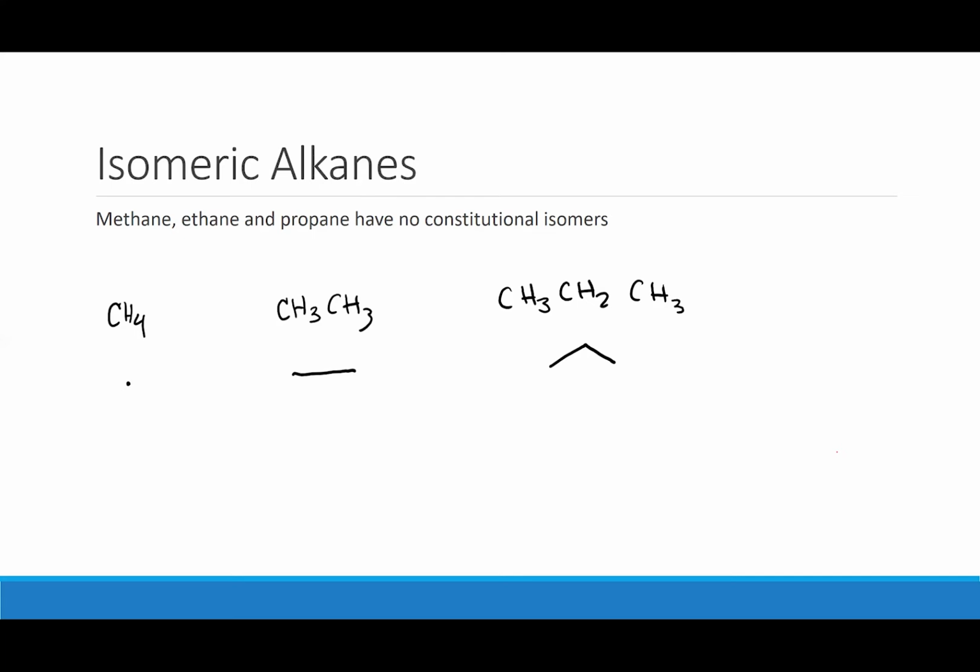I encourage you to try doing it, and you will find, especially people think propane might be able to, but no matter how you move, you connect these points, even if I connect it this way, technically this is still just one long chain of 3 carbons attached to each other.